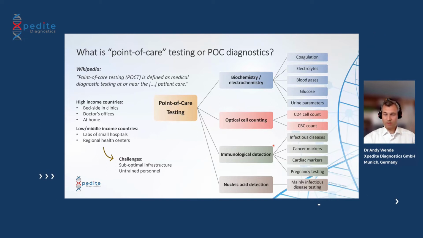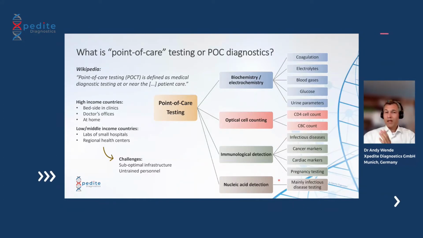So it's all the methods that employ an antibody-antigen interaction to detect certain things like infectious diseases, cancer markers, cardiac markers, or pregnancy testing. The simple pregnancy test you can buy is also based on immunological methods. And also all these billions of SARS-CoV-2 rapid tests that are around there are all immunological testing.